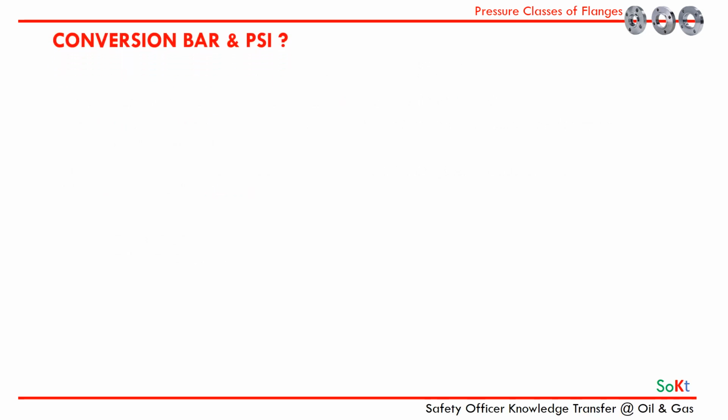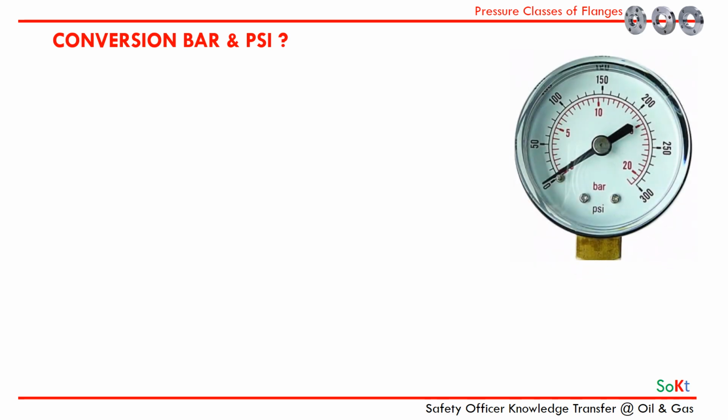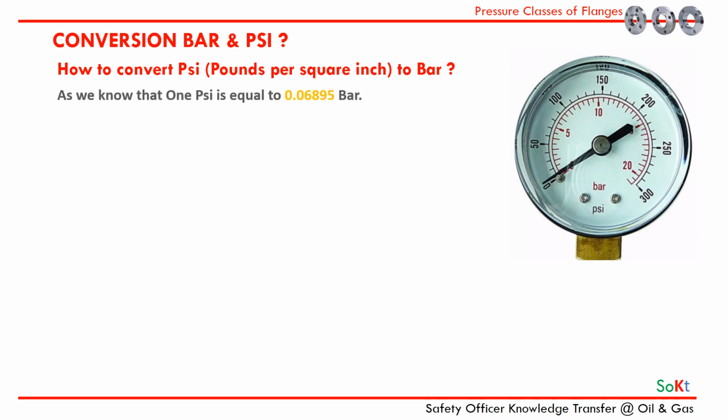So now let's take a closer look at the conversion part. How to convert PSI to bar? As we know that 1 PSI is equal to 0.06895 bar, to convert PSI to bar, multiply your PSI figure by 0.06895.